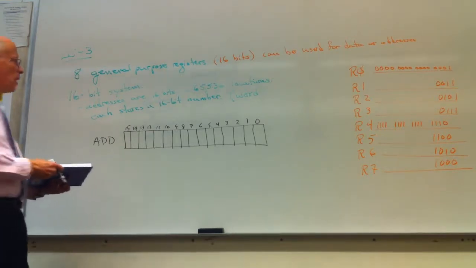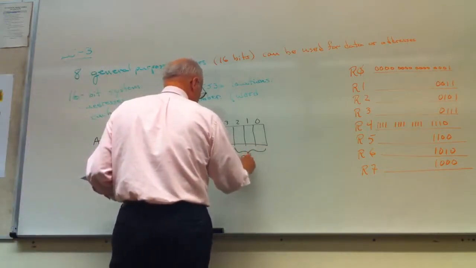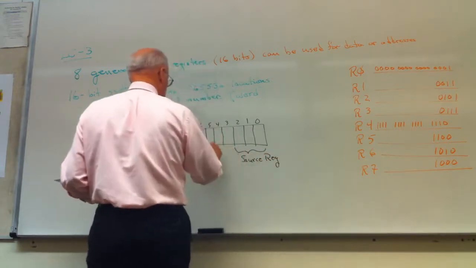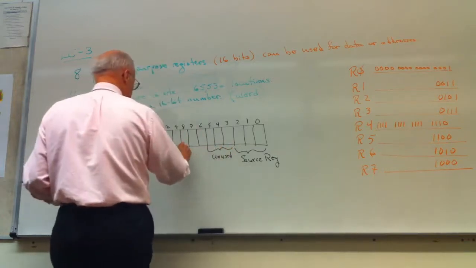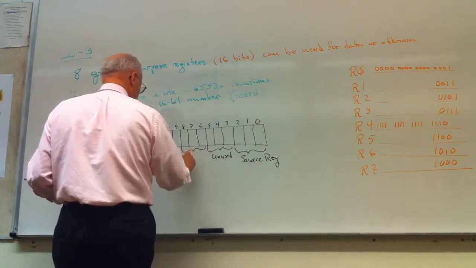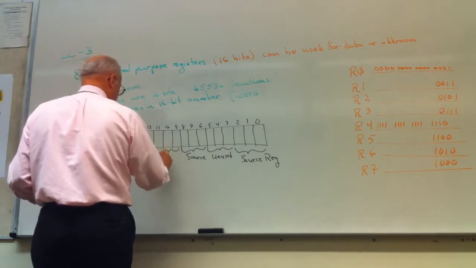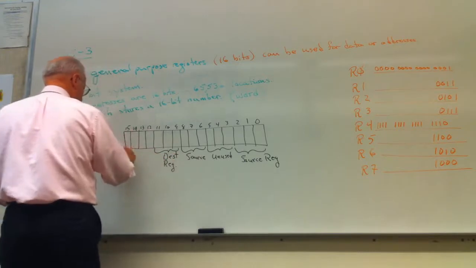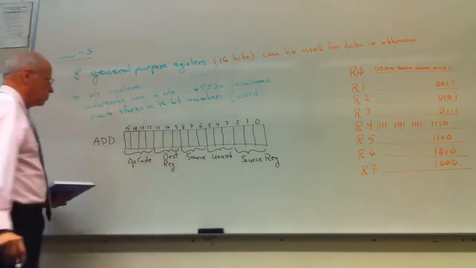This is the way the bits are actually used. This is a source register. For our purposes here, these 3 bits are unused. You'll see what they're for later on. This is another source. This is our destination register. And these last bits represent the opcode.